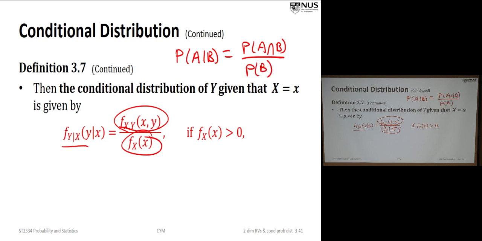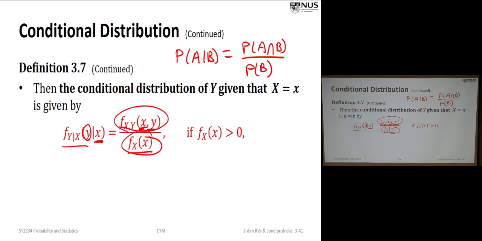Although it's not exactly the same, basically, if you want to know how y behaves when x is given at a particular value, then you look at the joint distribution of x, y, and divide by the marginal of x at that value.